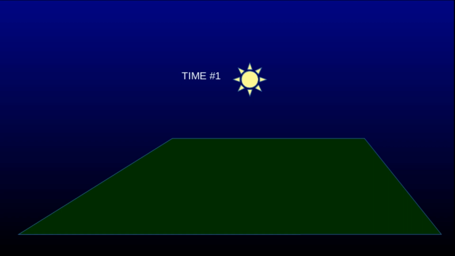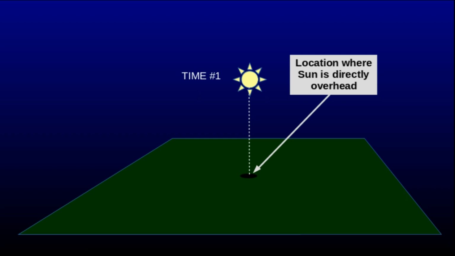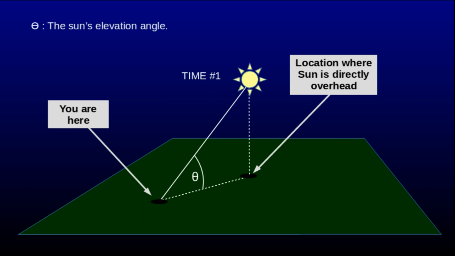Suppose at a certain time the sun is somewhere above the earth, and we draw a line perpendicular from the sun directly down to the earth where the sun is directly overhead, and now we have a position marked where the sun is directly overhead at a specific time. Now say we are somewhere over here, and we measure an angle theta.